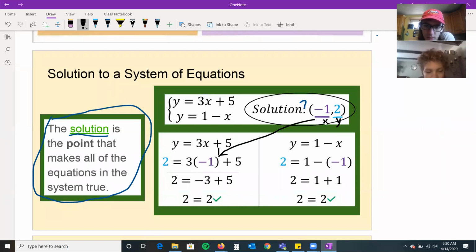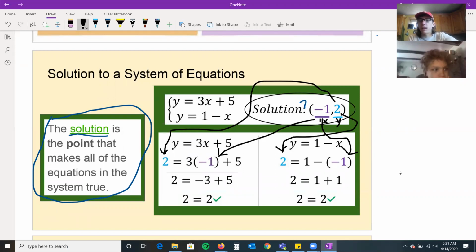The y I'm going to substitute over here. Okay, and I'm going to do the same thing to my other equation as well. I'm going to put my x right over here, and my y in for my y.